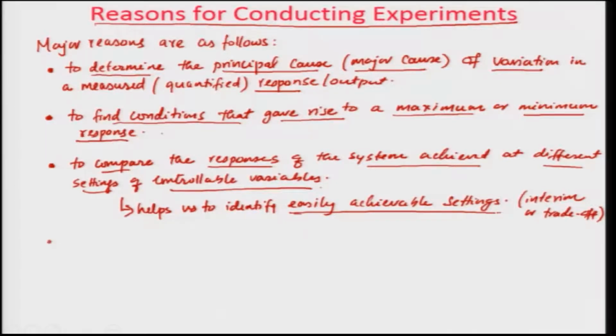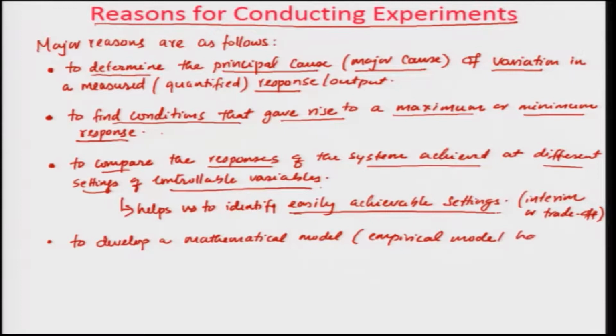Okay. The fourth point is to develop a mathematical model, which I would clarify as the empirical model, having some combination of xi's.